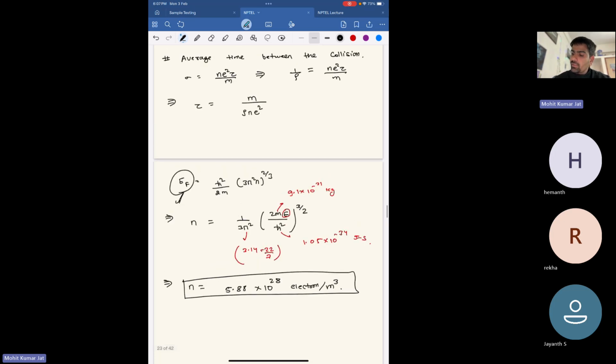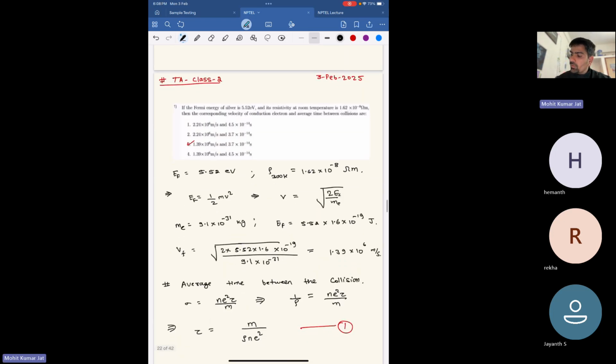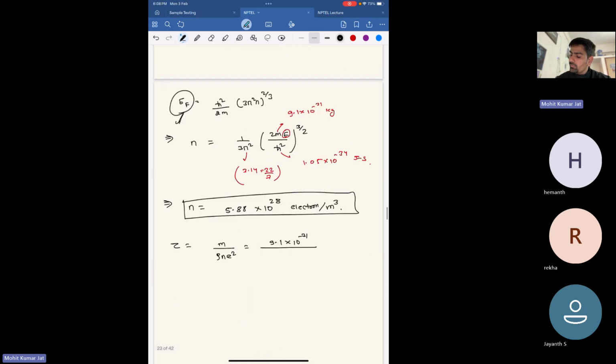Now I'll feed this into equation number 1. So if I feed it in equation number 1, my tau will be given as m by rho n e square. m is 9.1 times 10 power minus 31 kg. Rho, the question tells me, is 1.62 times 10 power minus 8.